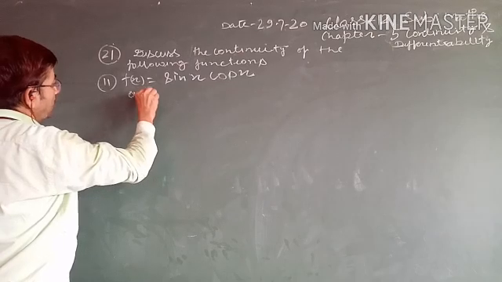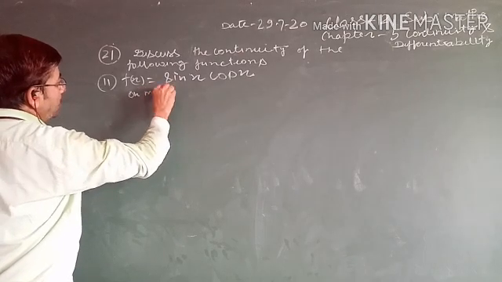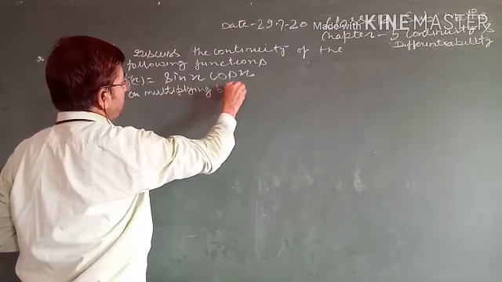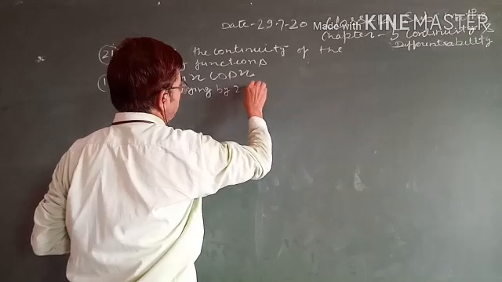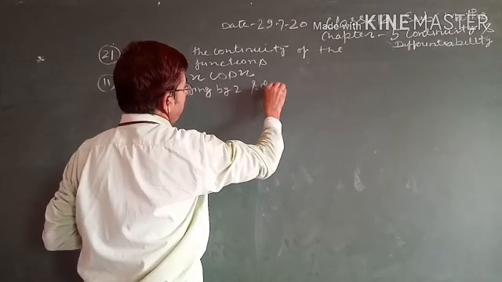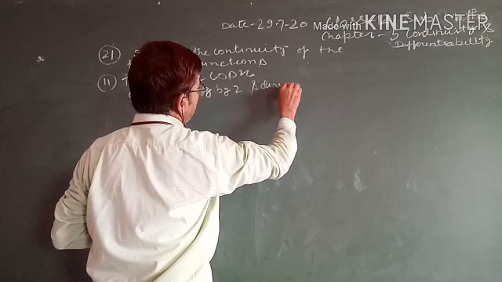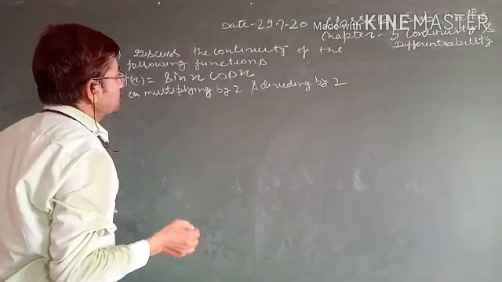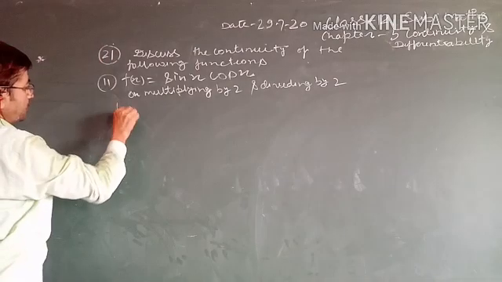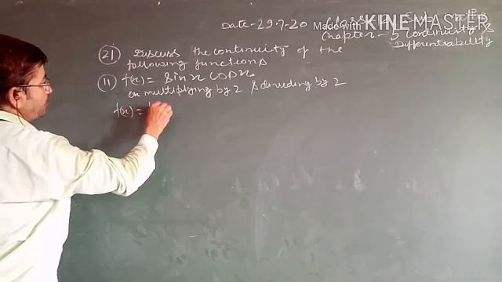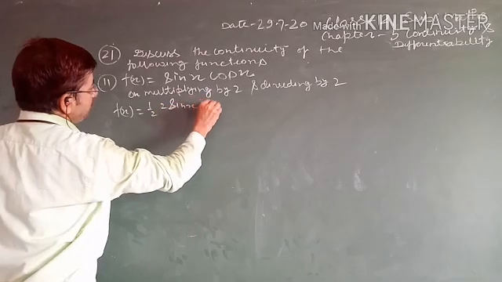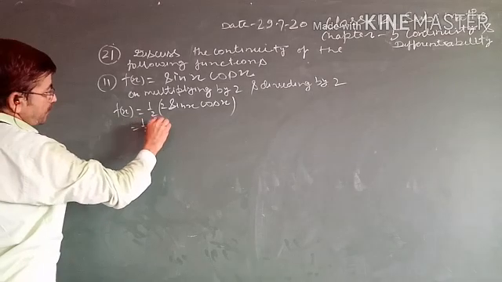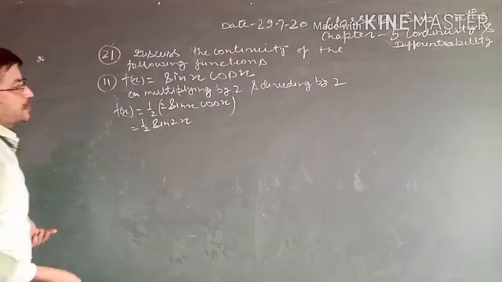So f(x) is equal to 1 upon 2 sin 2x cos... it is equal to 1 upon 2 sin 2x.